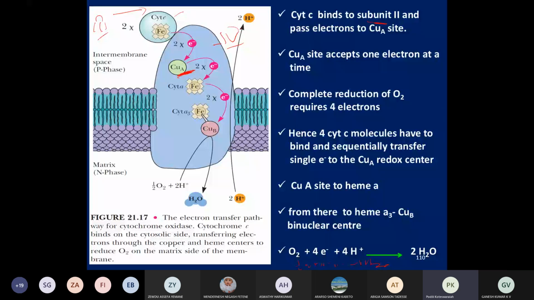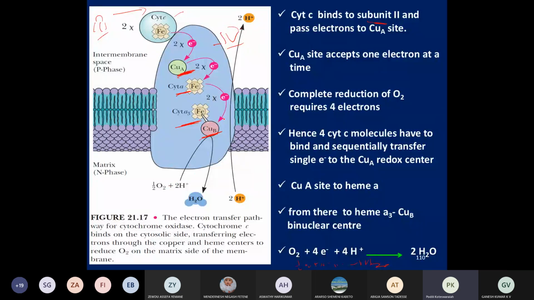Then copper A transfers these electrons to heme A, and from heme A to copper B, which is close to heme A3. Heme A3 and copper B form a binuclear center, and that's where the reduction of oxygen takes place.